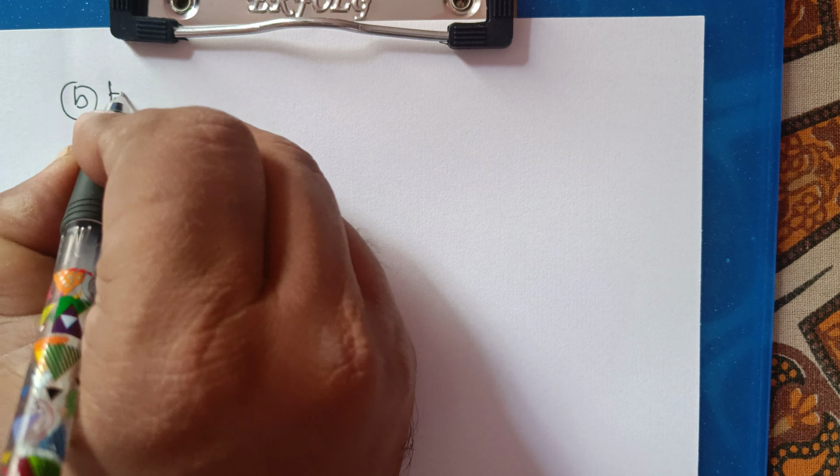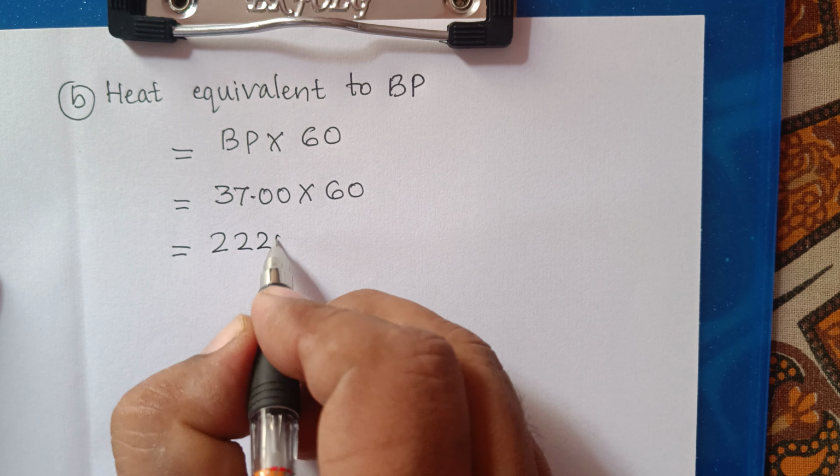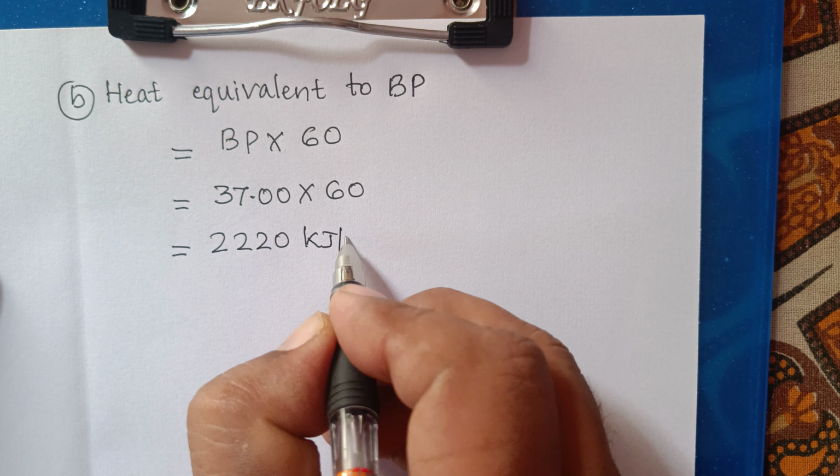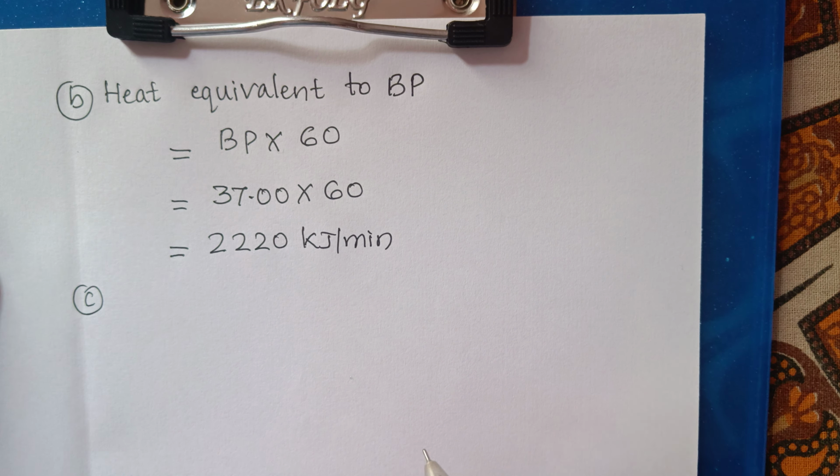You have the value of BP as 37.00, multiplied by 60. So you get the answer as 2220 kilojoules per minute.